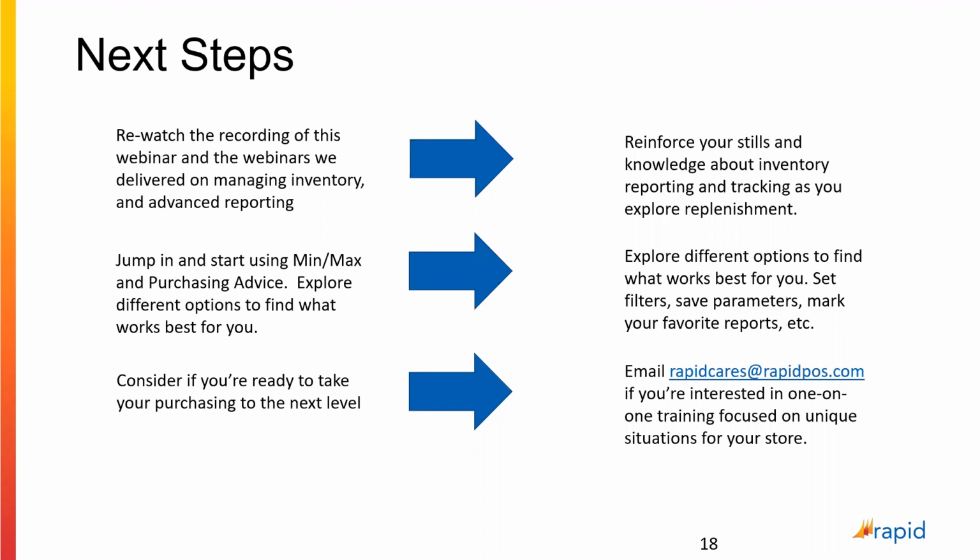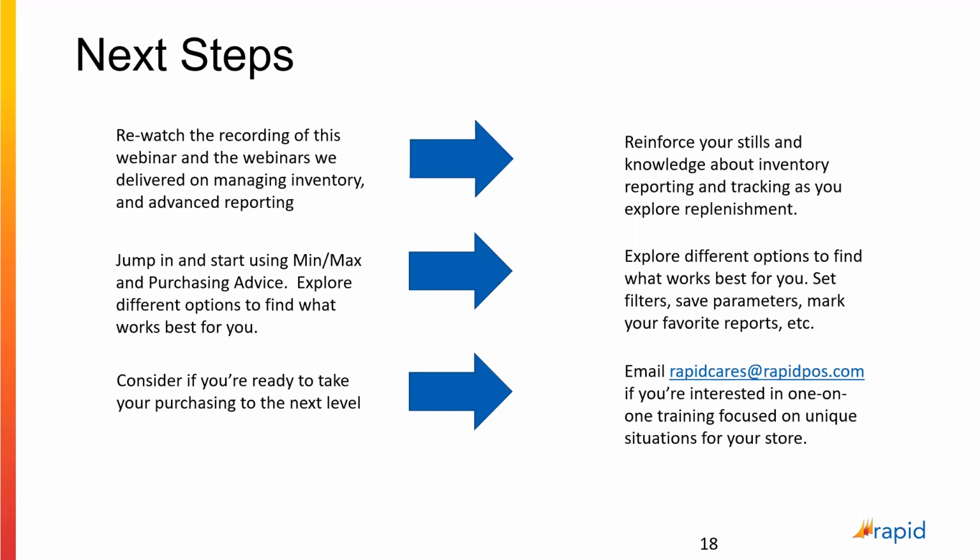Next would be to jump in, start putting in some MinMax stocking levels and use purchasing advice, and see what works best for you and what most closely aligns with the way that you want to stock inventory in your store. Remember, you can save any filters and parameters, and remember to favorite your favorite reports, so it makes this whole process a whole lot easier to return to.